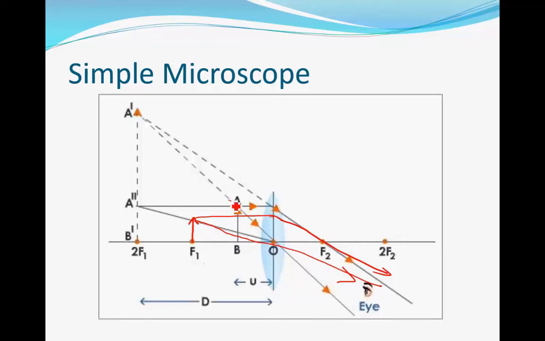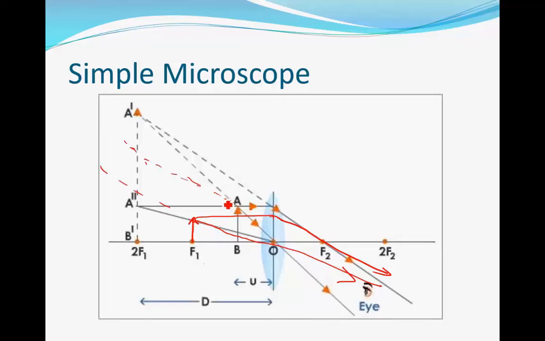And when we take them backwards, we'll just see that the image is formed. I'm not able to make straight lines on PowerPoint, so I apologize for that, but we'll be able to see that the image is actually formed at infinity, right? And the eye will be least strained, and that will be called normal adjustment, right?